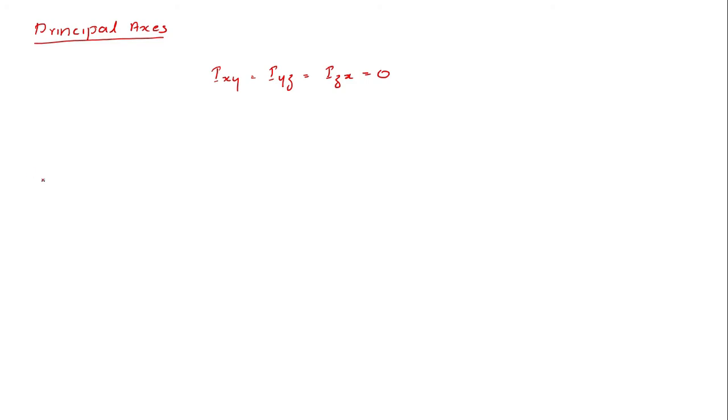Now, when you have a set of principal axes, in that the moment of inertia in one of these axes will have a maximum value, okay. In another axis it will have a minimum value, and then a third axis the moment of inertia will be somewhere in between these two.